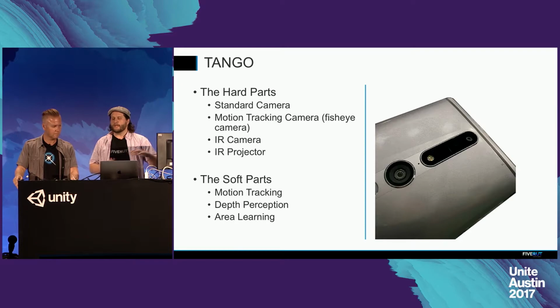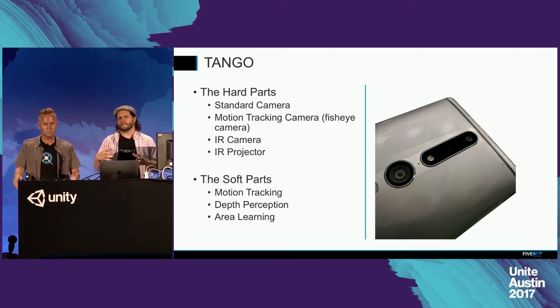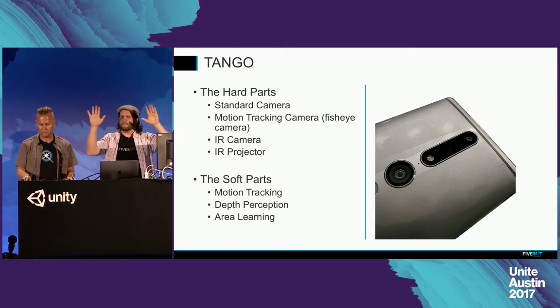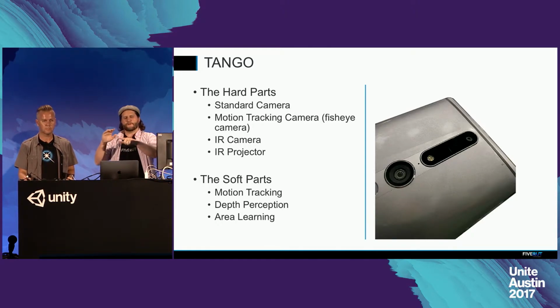Using this VIO, the visual inertial odometry, to estimate where the device is in reality, taking two images and gauging, based upon where those two images are, how the device has moved through space, finding fixed points of interest and saying, oh, this is an interesting point.